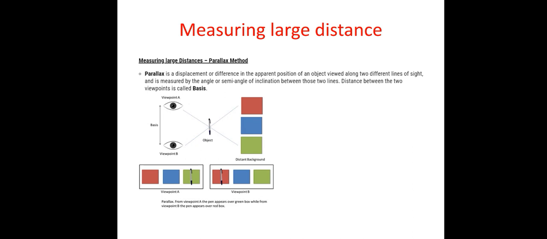Parallax is a displacement or difference in the apparent position of an object viewed from two viewpoints, viewpoint A and viewpoint B. The difference between viewpoint A and viewpoint B is known as parallax. The distance between the two viewpoints is called the basis.